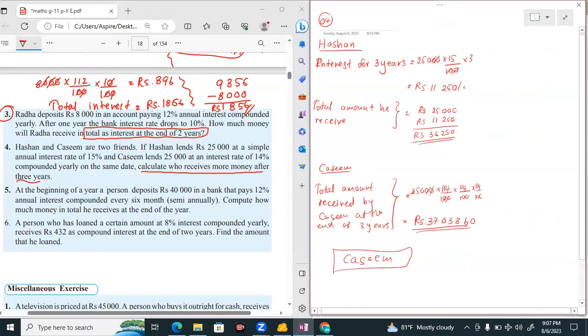Actually, when we deposit a particular amount, the most suitable interest is compound interest. Okay? Even if the rate is lower, if we deposit at a compound interest rate, interest is calculated for the compounded amount.